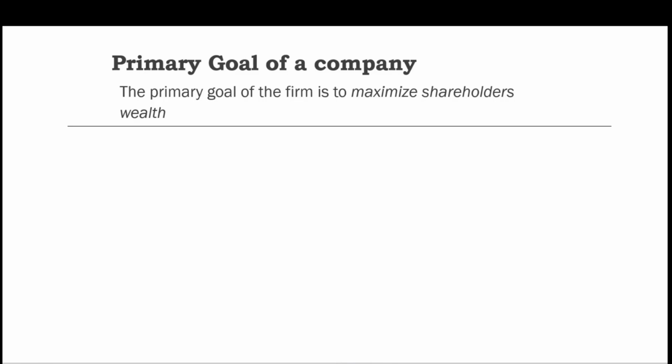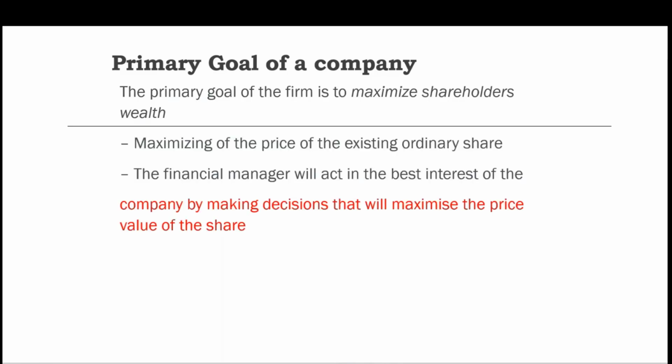So the primary goal of a company. Who knows the primary goal of a company, and why is that so? Why is the primary goal of a company to maximize shareholders' wealth? Remember, the shareholders are the owners of the company, right?